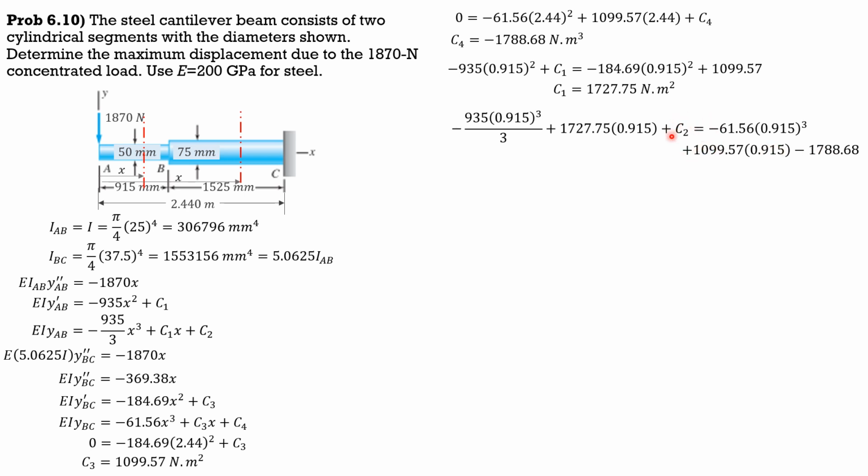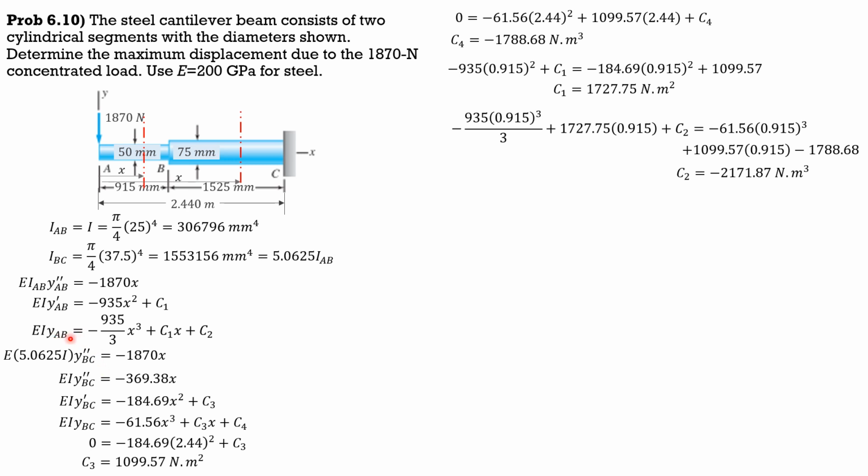So from there we can solve c sub 2. C sub 2 is negative 2171.87 Newton meter cube.